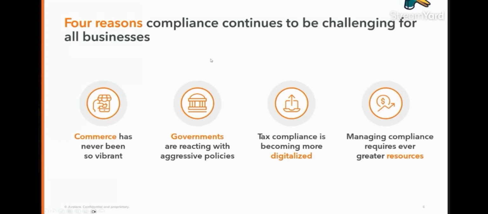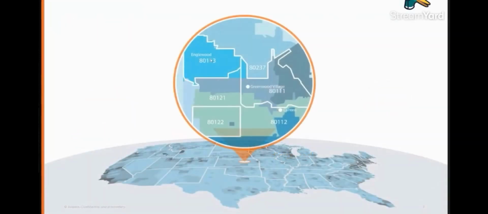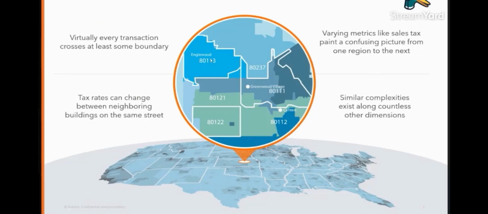One of the most difficult parts of the sales tax calculation is figuring out where that transaction happened. So as your field service tech is on site doing a repair or a job, we have here an example of a tax jurisdiction boundary in Colorado. You can see based off the different shades in that orange circle that the white lines are the zip code boundaries that the post office has established in shipping mail.